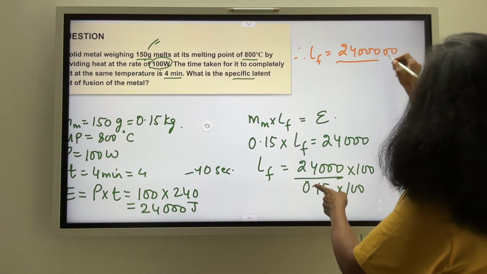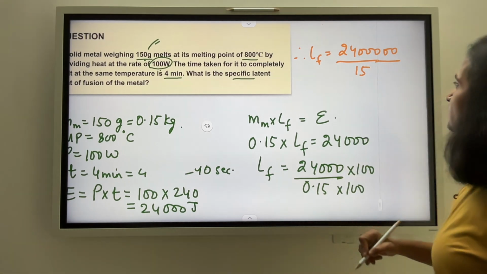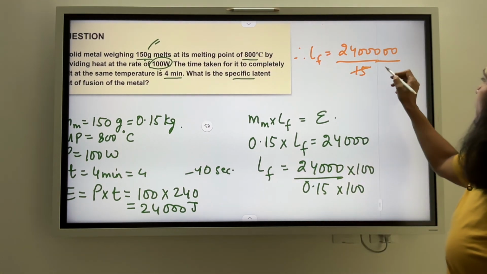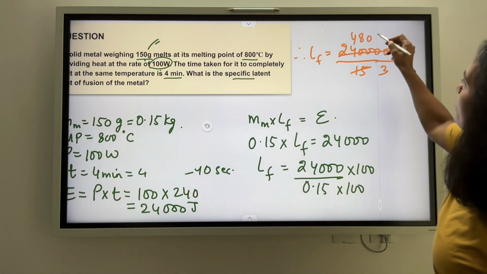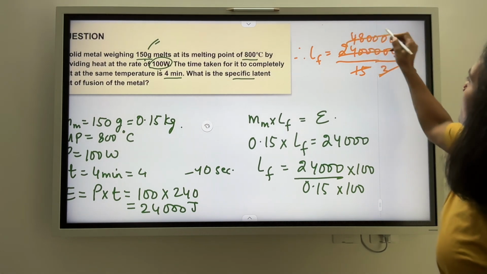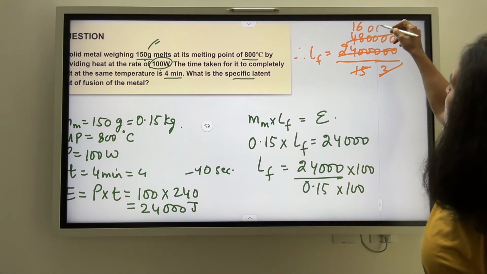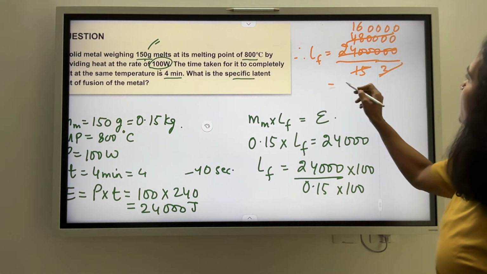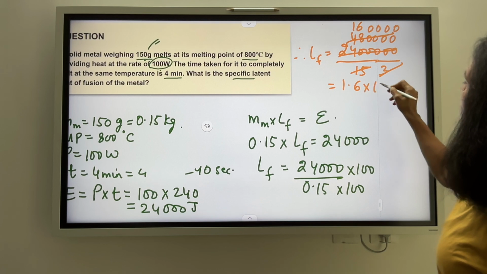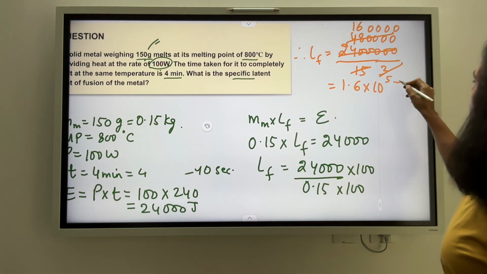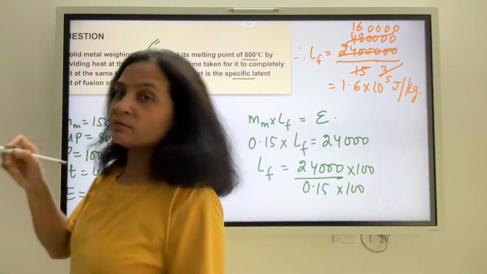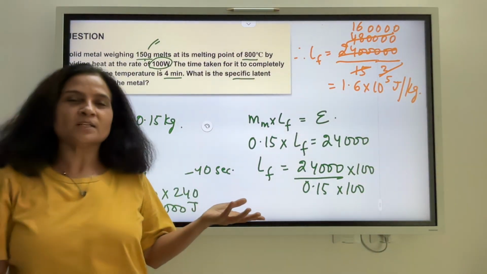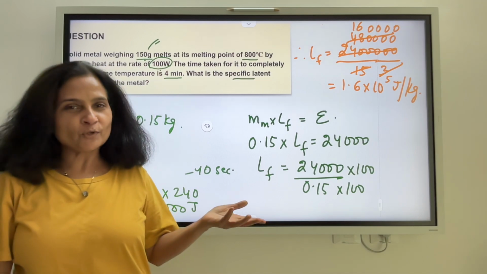So this has two more zeros and we have a 15 in the denominator. 5 3s are 15, 5 4s are 20, 5 8s are 40, and 16. How many zeros? 1 2 3 4. So my latent heat of fusion is 1.6 into 10 to the power of 5 joule per kg. Without my unit, my working is incomplete. So there is our answer. And moving on to our next.